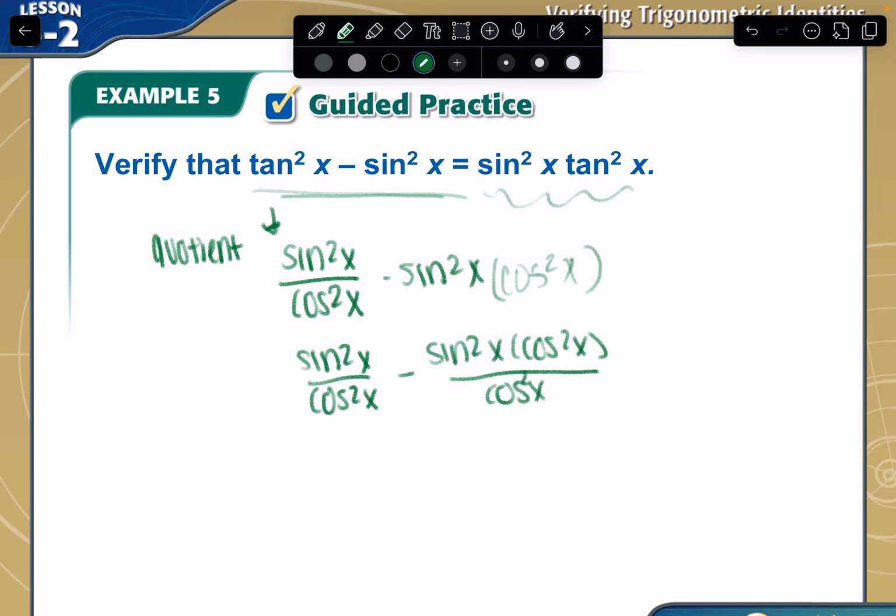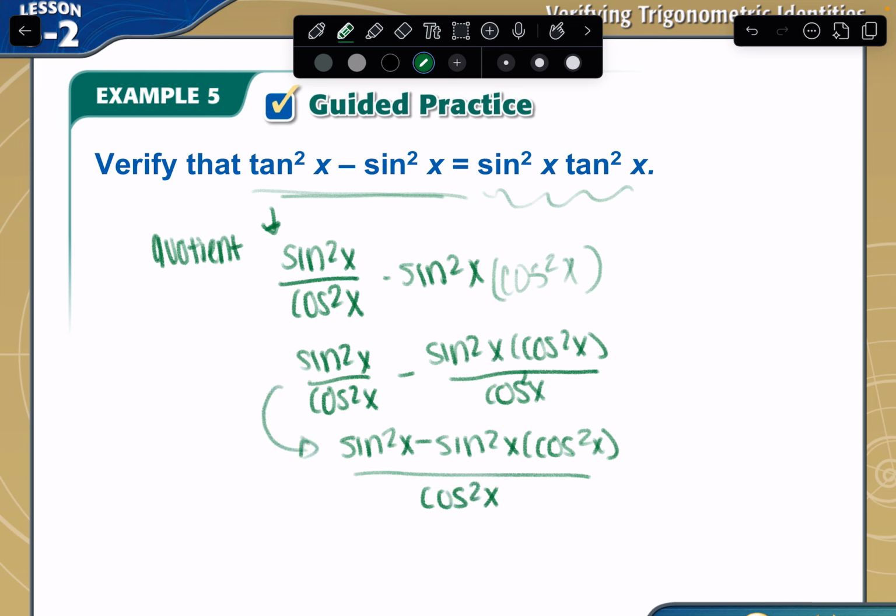All I did was make a common denominator to actually be able to subtract them. So from here, I'm going to rewrite this as one whole thing. So that's all I've done at the moment.